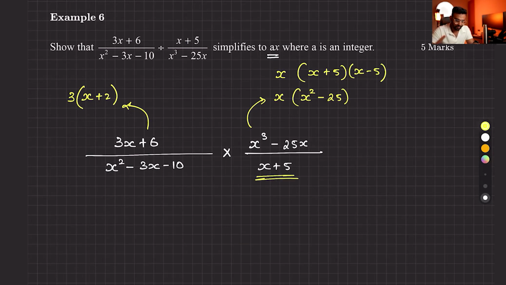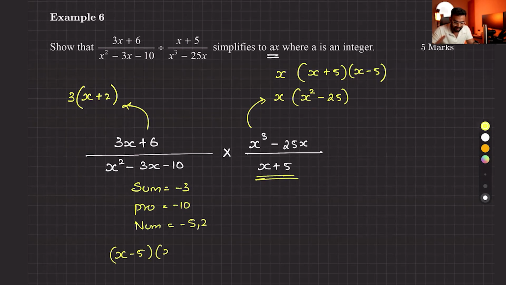What about this one, guys? The sum is minus 3, the product is minus 10, and the numbers are minus 5 and 2. So we could say x minus 5 and x plus 2. How many of you agree with me? Got it? Now we're going to write everything together.